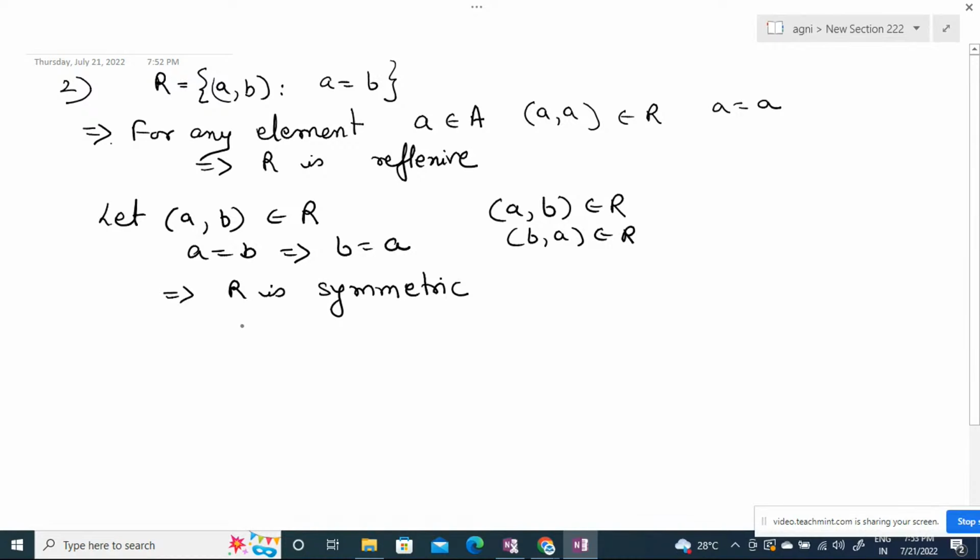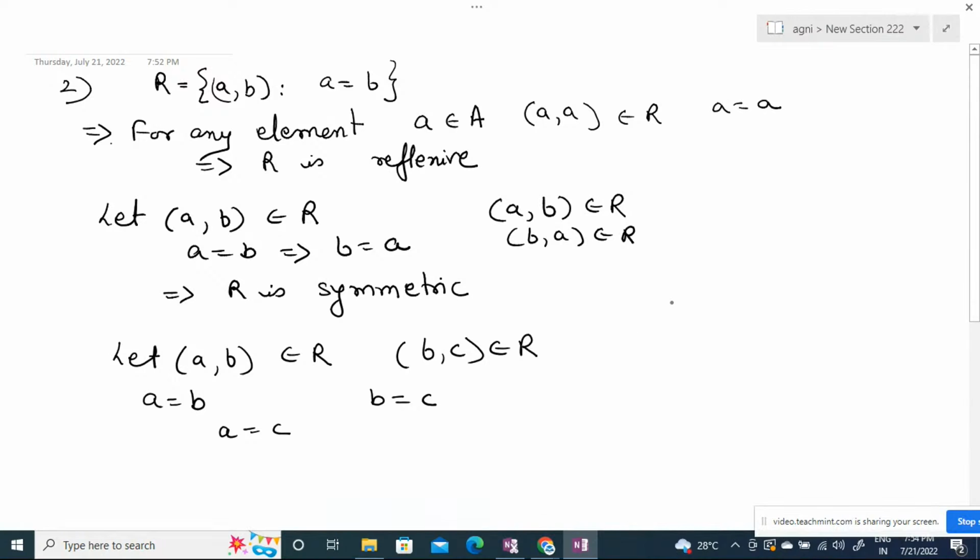I'm going to check for the transitive nature. Let A comma B belong to R and B comma C belong to R, and we have to show that A comma C also belongs to R. Now A is equal to B and B is equal to C. So it means that A is equal to C. That means if I take an example, 1 is equal to 1, this is A and this is B. And B is equal to C, that is, here it is 1, so 1 is also equal to 1.